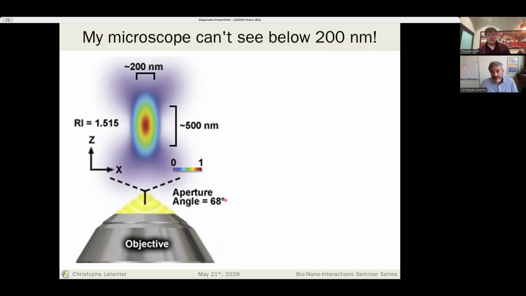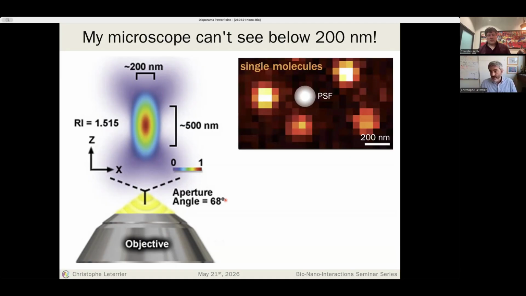Even if you have the best microscope available for fluorescence microscopy, the best detail you can get is the size of what is called the point spread function, PSF, which is about 200 nanometers in width and 500 nanometers in height. And this limits the maximum resolvable detail. If you look at something that is super small, like a single fluorophore that is about 2 nanometers in size, you will see a spot that is the size of your PSF, 200 nanometers in diameter.